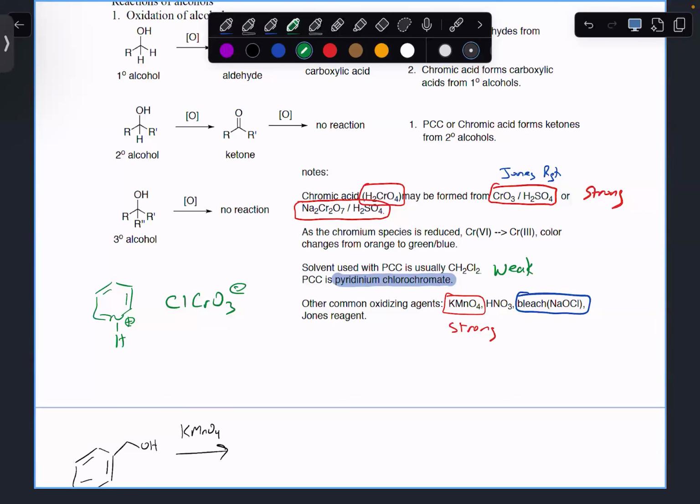Now, by the way, I'm never going to ask you for the structure of pyridinium chlorochromate, but sometimes all these terms and acronyms just make it seem like alphabet soup. So they do have structures behind them. But most often, people will just abbreviate it as PCC.